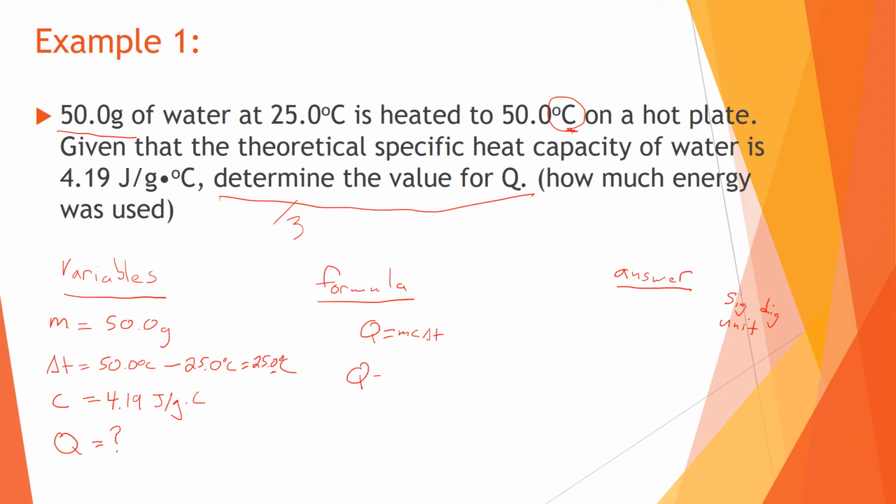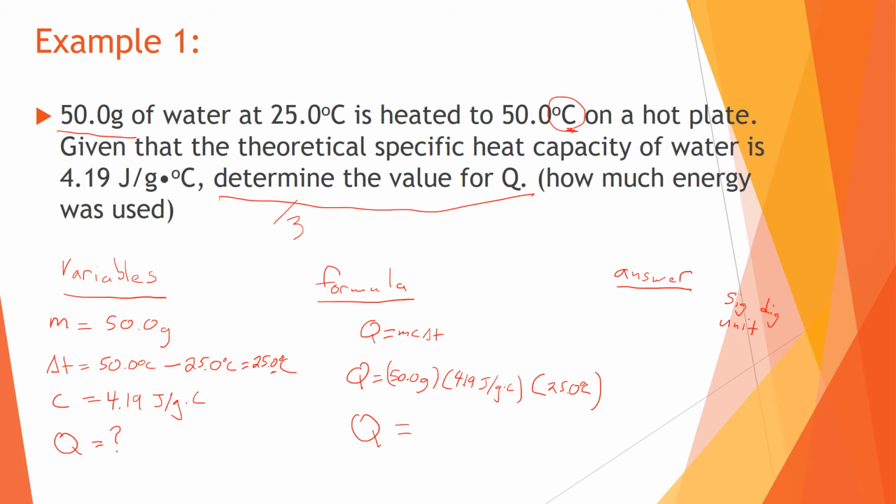I don't have to manipulate this formula because it's asking for Q. So Q is equal to 50.0 grams. I like to put it in brackets just to separate everything out, times C, which is 4.19 joules per gram degree Celsius, and delta T was 25.0 degrees Celsius. That was my change in temperature. So I just need to take my calculator and plug these numbers in.